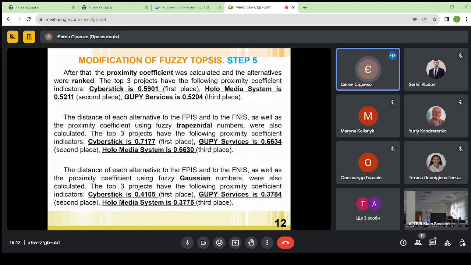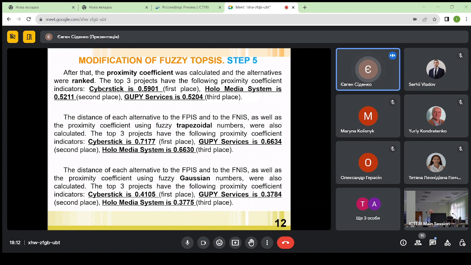On this slide, you can see the result of the proximity coefficients, which was calculated. And after that, alternatives were ranked. The top 3 projects using triangular fuzzy numbers have the following proximity coefficients. The startup or innovative project CyberStick is 0.959.